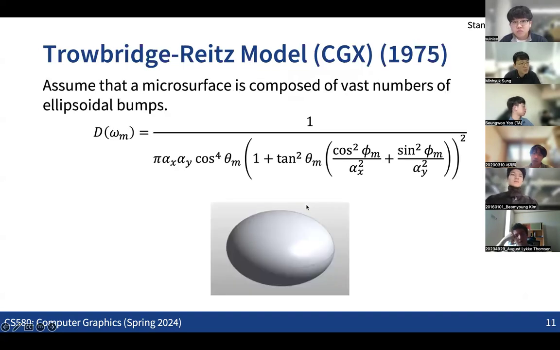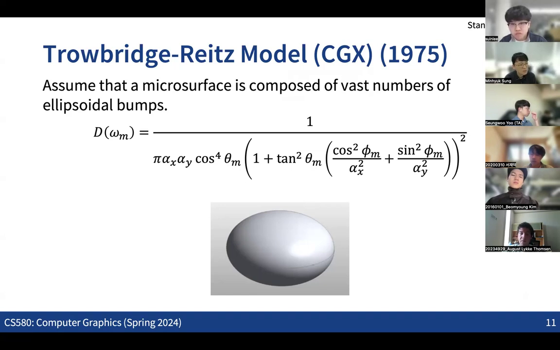The other famous model is the Trowbridge-Reitz model, which was introduced in 1975. The same model was also reinvented in 2007, which was also called the GGX model. Those are also cases where we represent the macrosurface as a lot of ellipsoidal bumps.